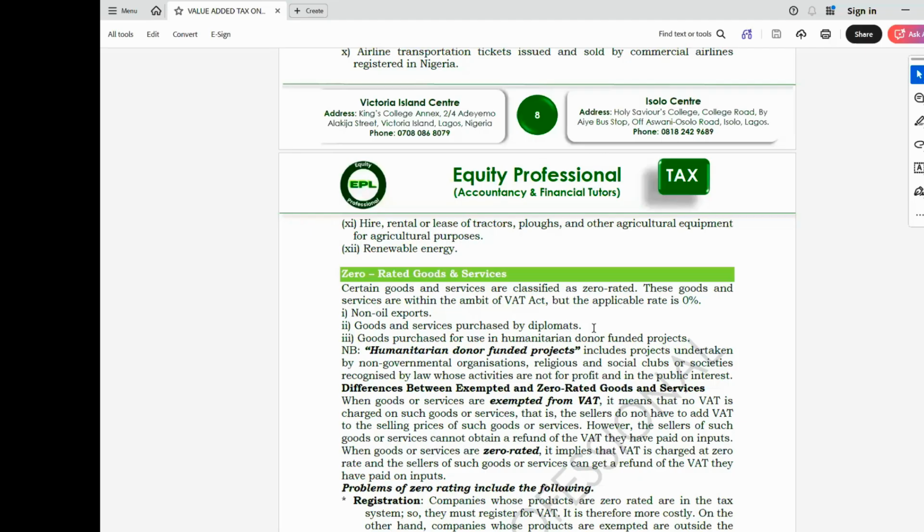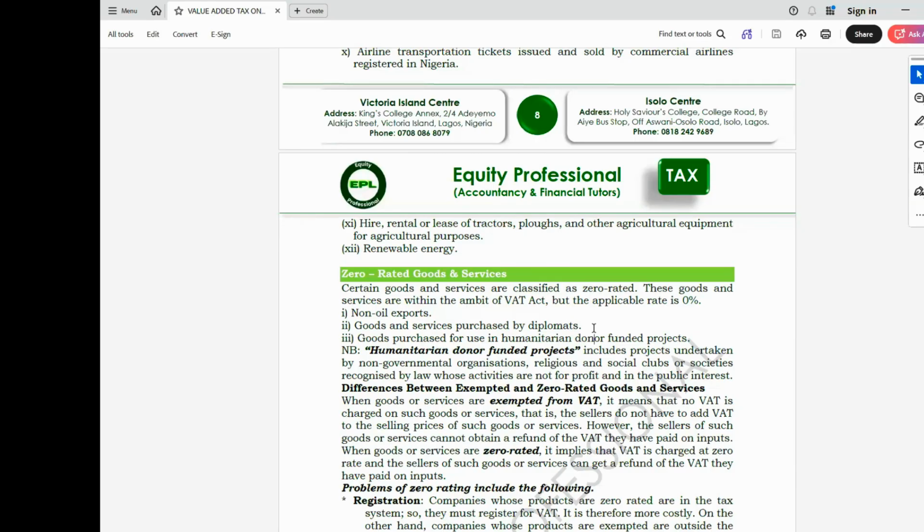So they provided a lot of relief material to Nigeria. When they gave you those relief materials, you cannot tell them to come and pay value added tax on items that they are giving you free of charge. Because if you tell them to go and pay value added tax, that means you are not serious. They will take it to another country. So those items are regarded as humanitarian donor-funded projects.